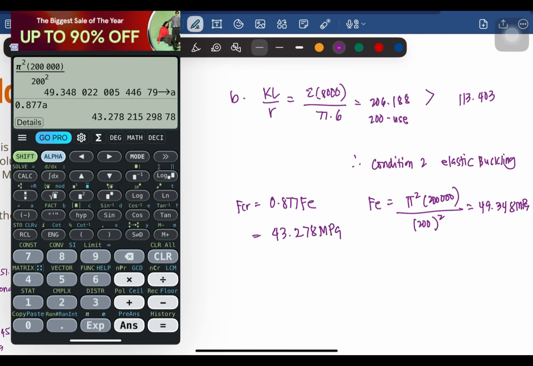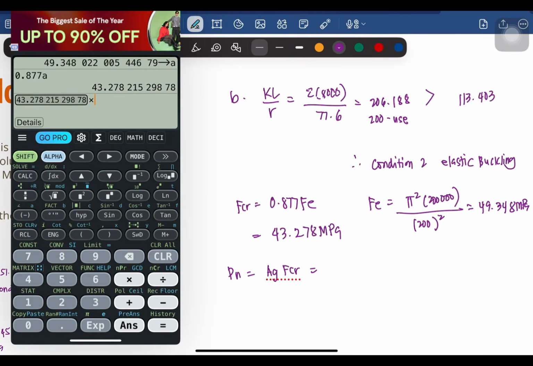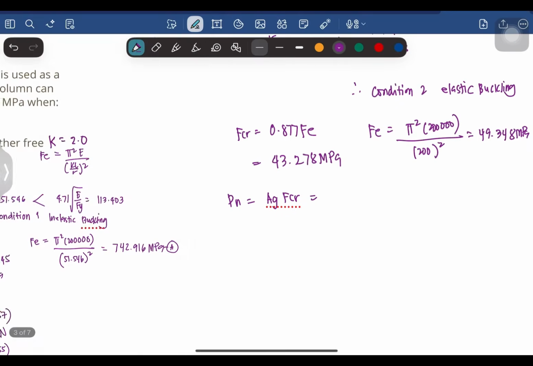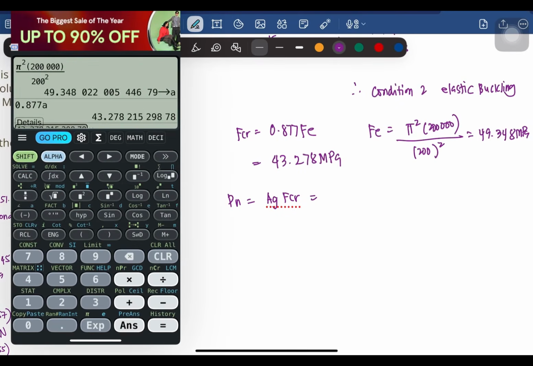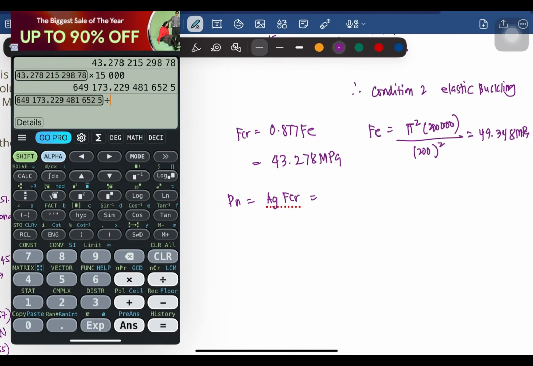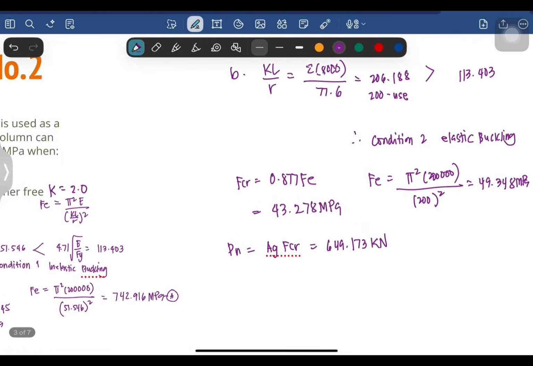Then to get the actual load, Ag times Fcr, times natin sa area gross yung Fcr natin. So area gross is 15,800. Then divide it by 1,000 para maging kilonewton. So 649.173 kilonewton. So mahina na po yung strength pagka pumapasok siya sa elastic buckling.